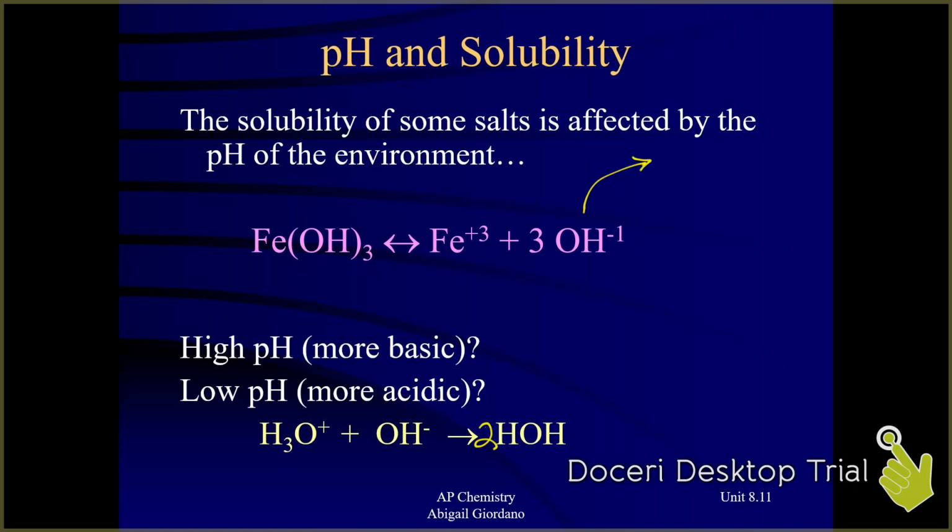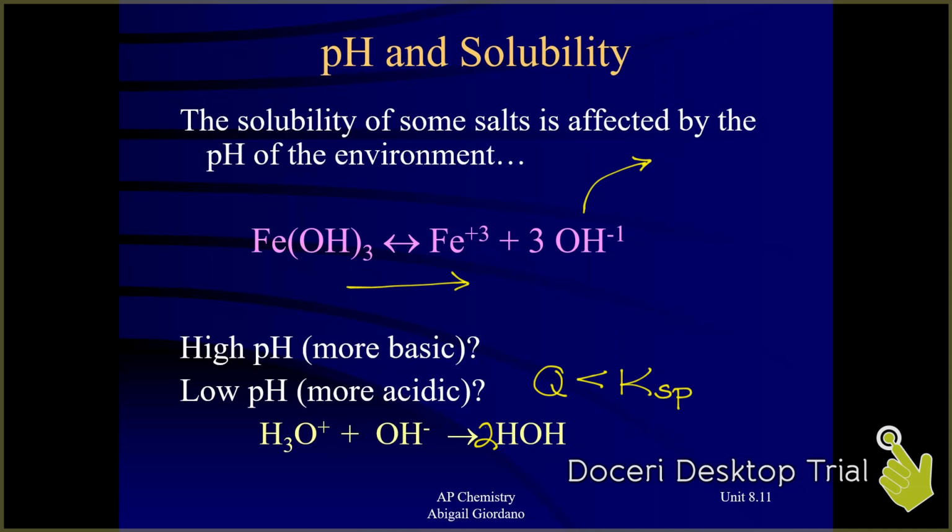So think about that. That's going to decrease the amount of hydroxide ion, which is going to cause, let's come back to Q versus K, Q to decrease, to go down, and it will end up being less than KSP. So what? Well, when Q is less than KSP, the equilibrium system will shift to consume reactants and produce more products.